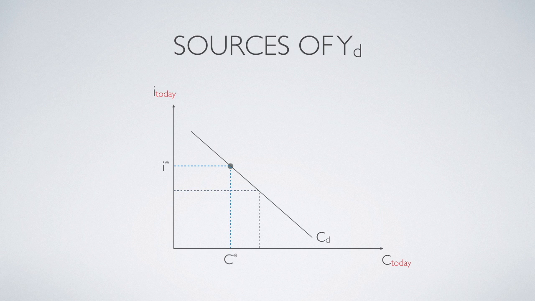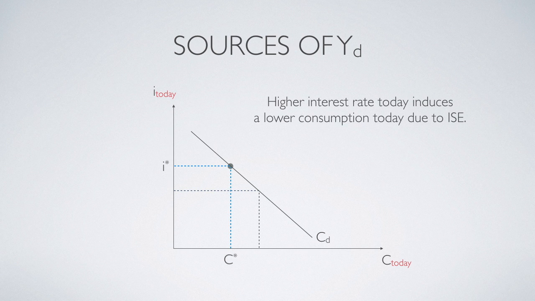Therefore, this intertemporal substitution effect would decrease your consumption today. That's why a higher interest rate today induces lower consumption today. This is due to the ISE, the intertemporal substitution effect.